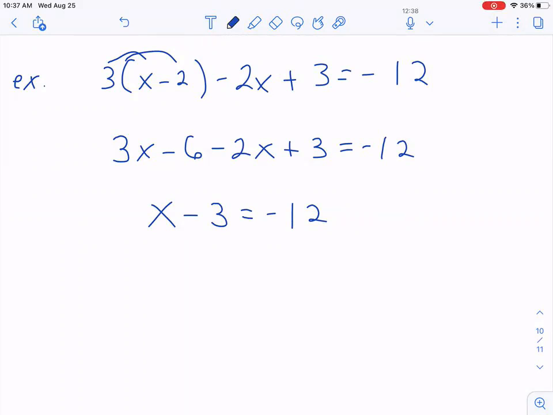Remember, I'm trying to solve for x, so I have to get the x by itself. I'm going to add 3 to both sides. So once we add 3 to both sides, we get x equals negative 9.